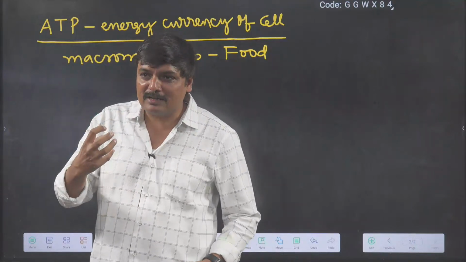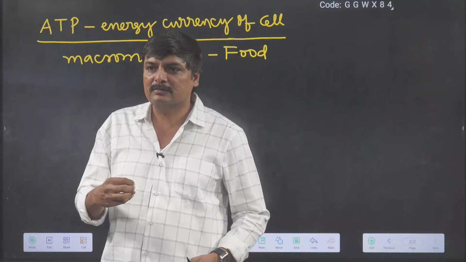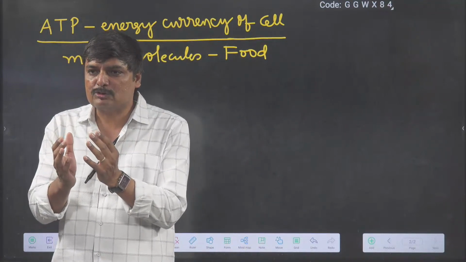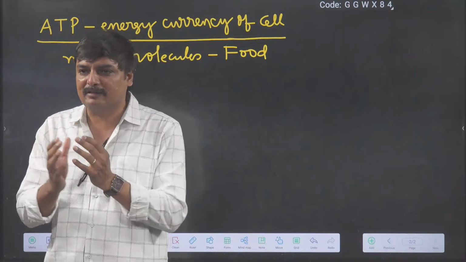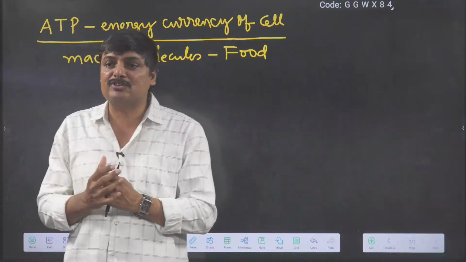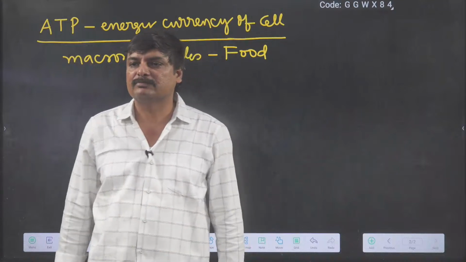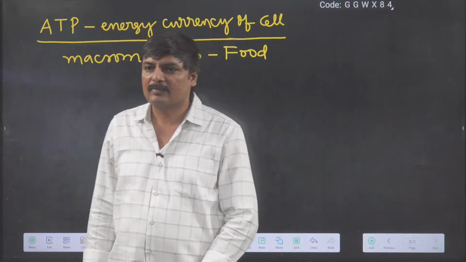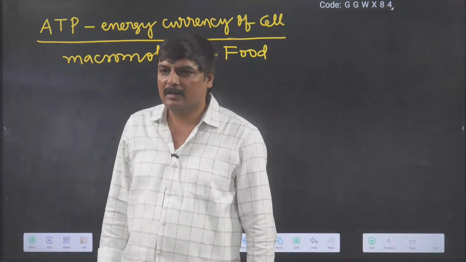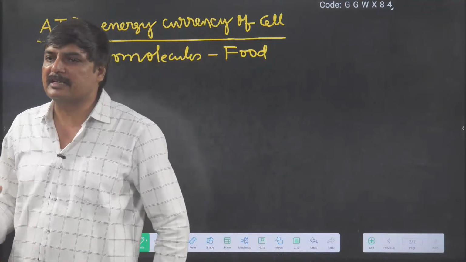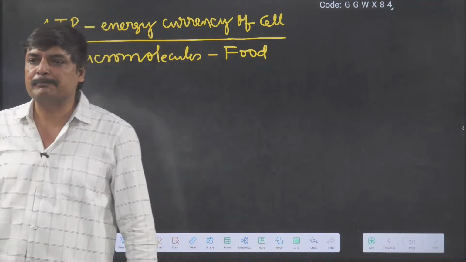Most of this energy is stored in the form of ATP. Whenever we require energy, the ATP breaks down and releases energy. That is why ATP is called energy currency or cell currency.